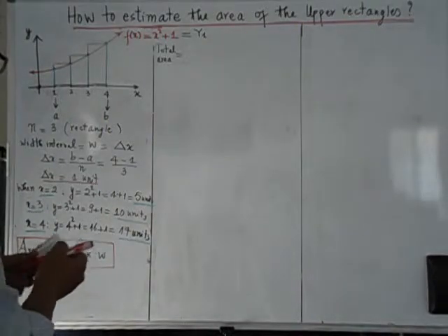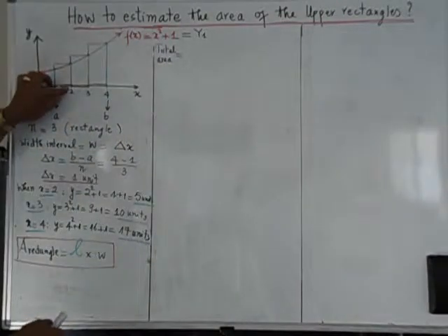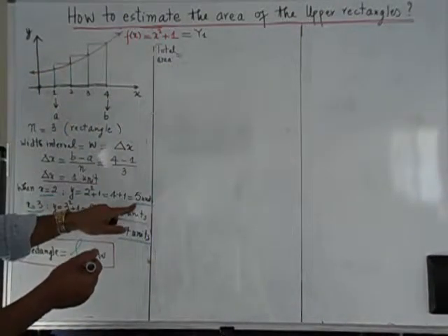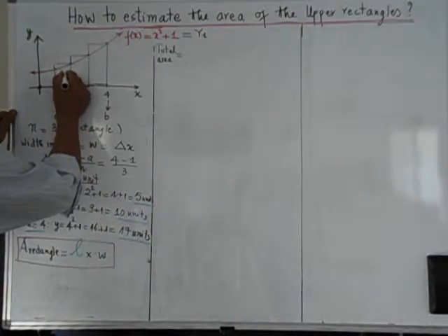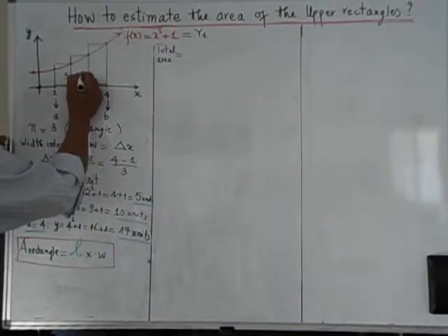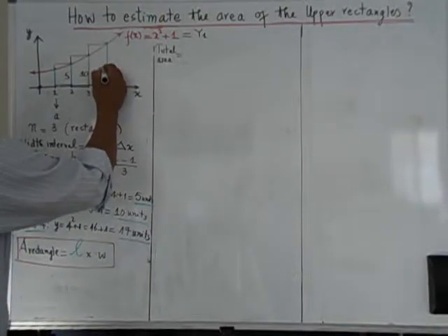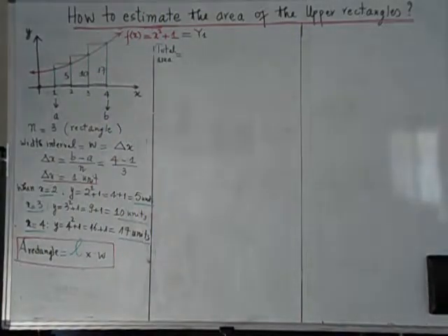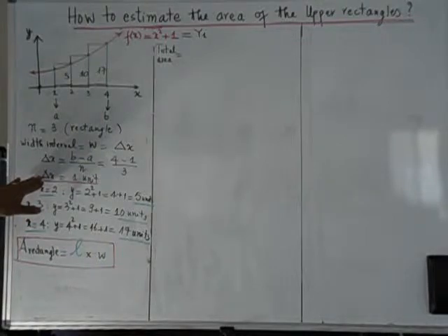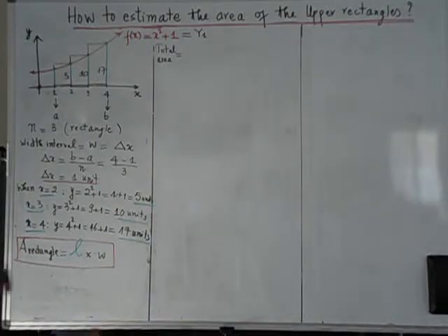We can see when x equals 2, the length, it means y, equals 5 units. When x equals 3, y equals 10 units. When x equals 4, y equals 17 units in length. By observation, delta x, the width interval, is 1 unit.